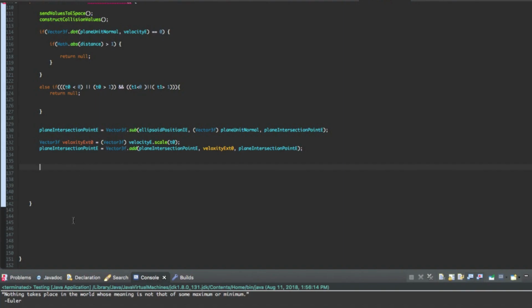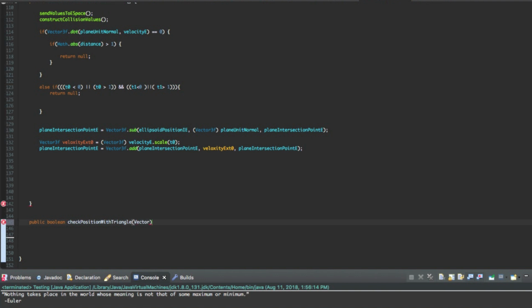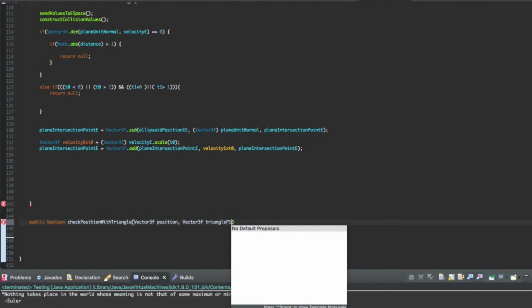So now jumping back into the code, let's make a new public method that's going to return a Boolean. We'll call it check position with triangle, and we need to take in a vector 3f, which is our position, a vector 3f, which is the triangle P1, another vector 3f.